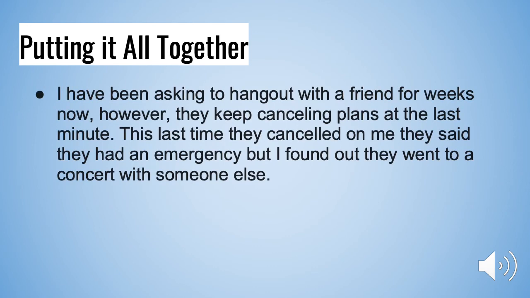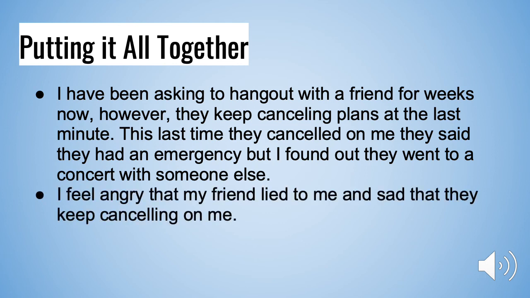All right, so let's try putting it all together now with all of the GIVE skills that we've learned so far. Let's use this scenario: I've been asking to hang out with my friend for a few weeks now. However, they keep canceling plans last minute, and the last time they canceled, they said they had an emergency, but I found out that they actually went and hung out with someone else at a concert.